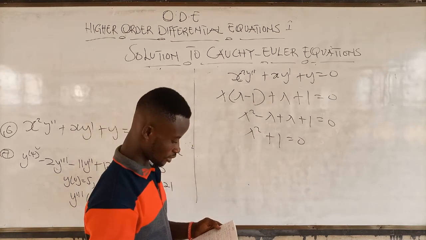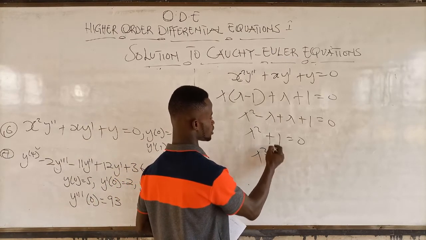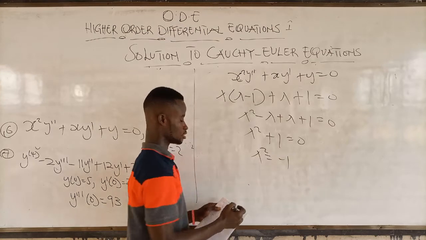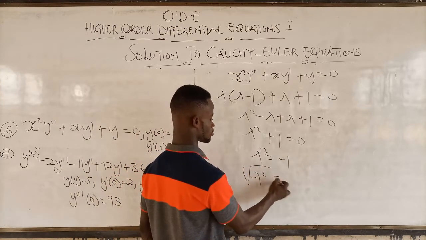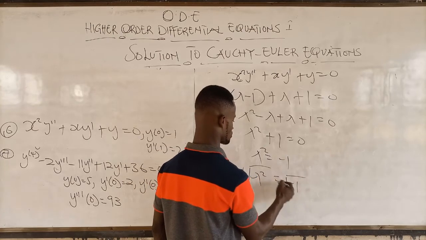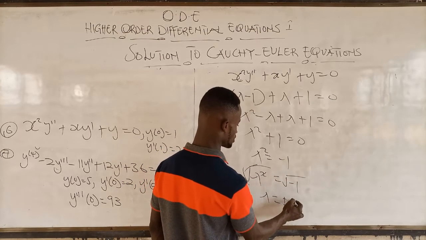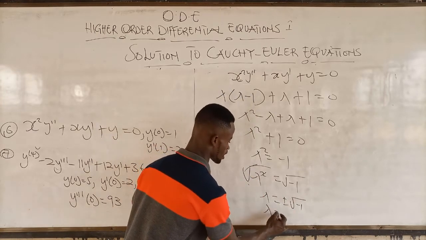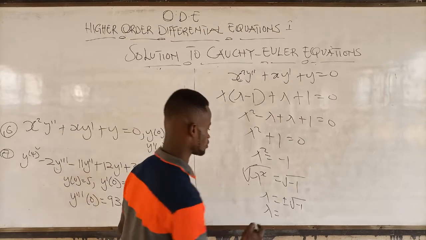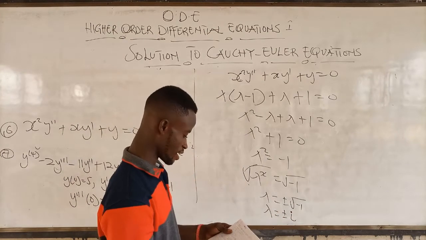Alright, then now having this, you can send this to the side, negative 1, right? But when we take the square root of both sides, lambda will be equal to plus or minus square root of negative 1. Now you know that square root of negative 1 is i. That's going to give you i.